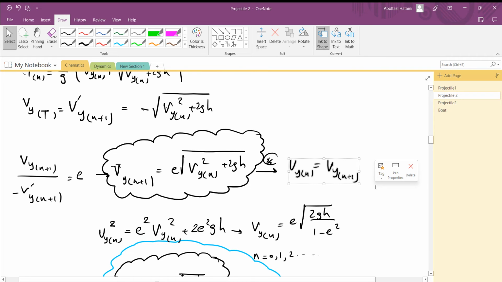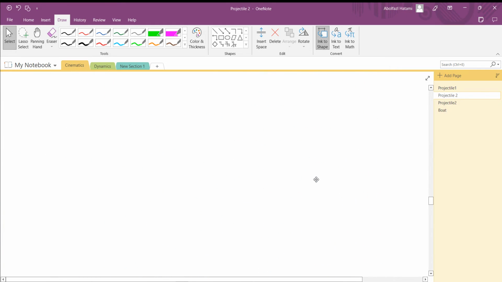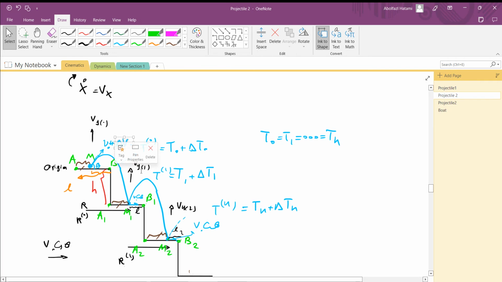We said that if we want our range of ball, which is the movement in the x direction, to be the same for each collision, our v in the direction of y shouldn't be changed after each collision. But if we add some delta v0 to v0, it is going to be changed.